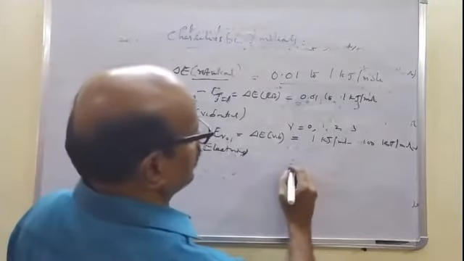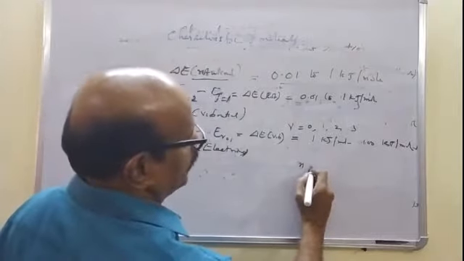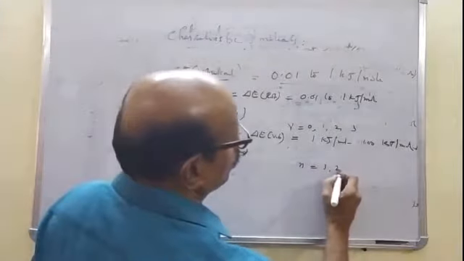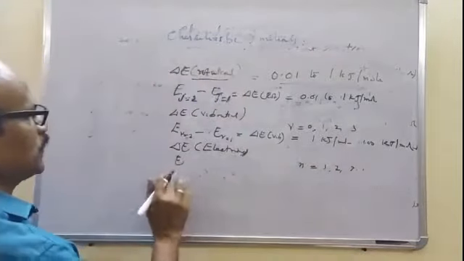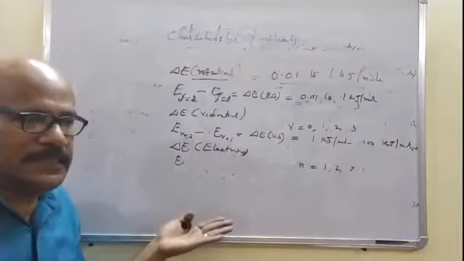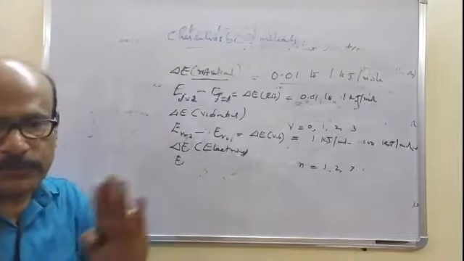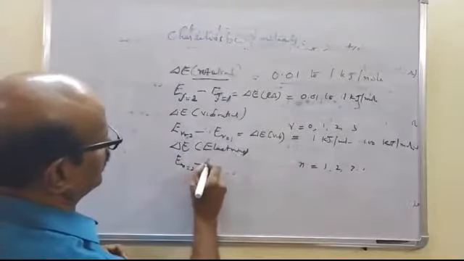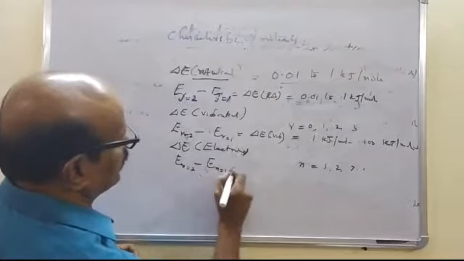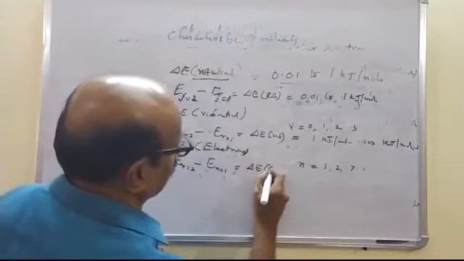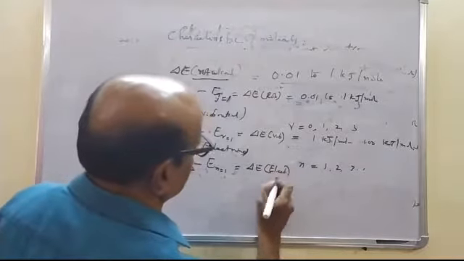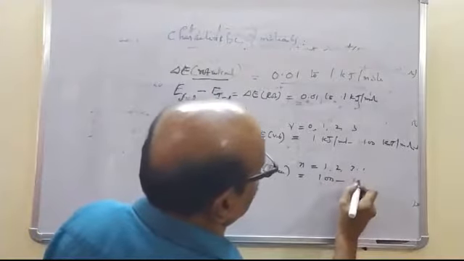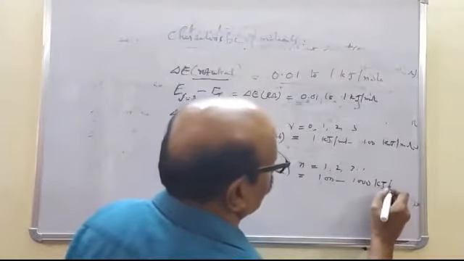The electronic level is quantized by a quantum number called the principal quantum number n. Its value is always an integer, 1, not 0, then 2, 3, etc. So the spacing of two electronic energy levels, E at n equal to 2 minus E at n equal to 1, is delta E electronic, which is of the order of, and this is very important, 100 to 1000 kilojoule per mole.